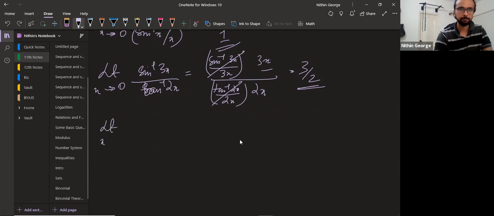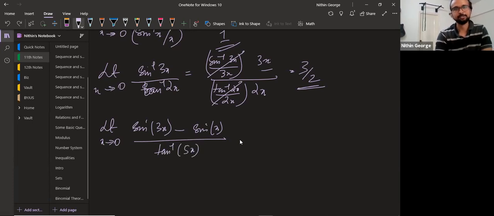Wait. Practice that here. Sin of 3x minus sin of x divided by tan inverse 5x. Okay, what happens here?